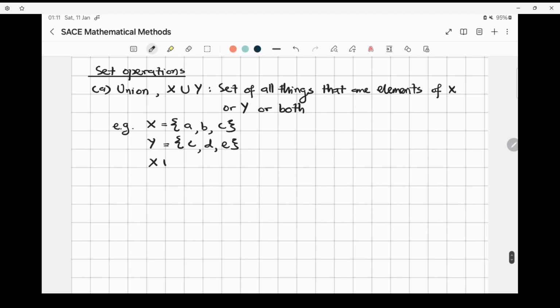So x union y in this particular case will be a, b, c, d, and e. For union, x union y and y union x are the same thing. It gives you the same set.